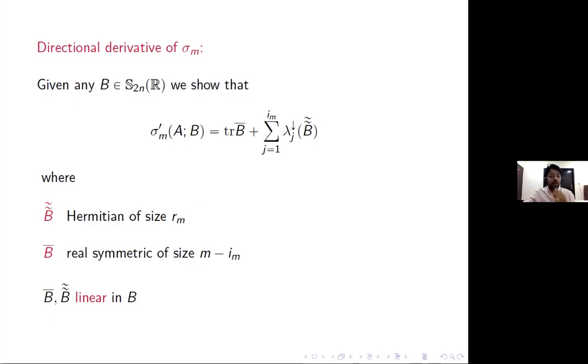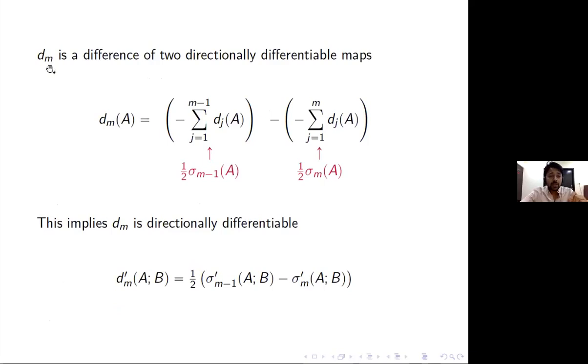And now that we have established the directional differentiability of sigma M, we can talk about symplectic eigenvalue maps, which was our main focus. So we can write the mth symplectic eigenvalue as a difference of these two functions. So dm of A is a difference of these two sigma functions, which we know are directionally differentiable.